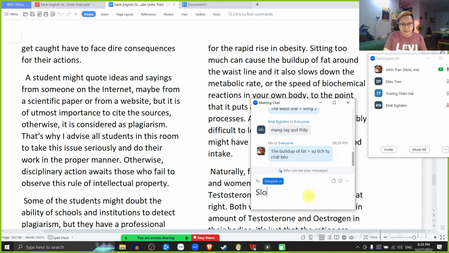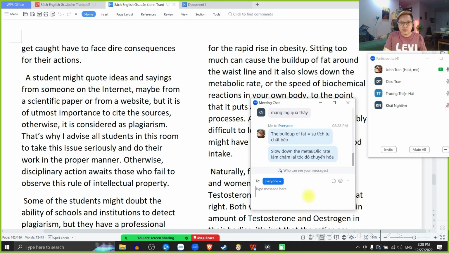Sitting too much can cause the buildup of fat. Sự tích tụ chất béo around the waistline, ở xung quanh cái vòng hai ấy, xung quanh cái hông. And also slow down the metabolic rate, làm giảm, làm chậm lại tốc độ chuyển hóa của cơ thể. Slow down the metabolic rate of the body, or the speed of biochemical reactions.